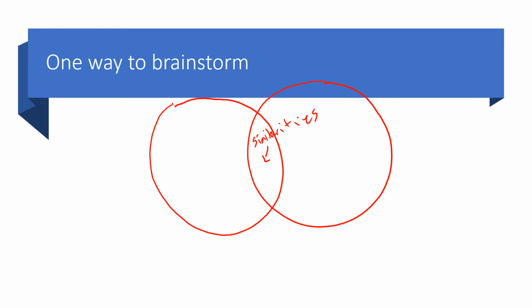You'd have text A over here, text B over here, and you'd write the differences out in this portion. I would make the diagram so that similarities actually have more space, so that you can start listing what's similar between text A and text B.